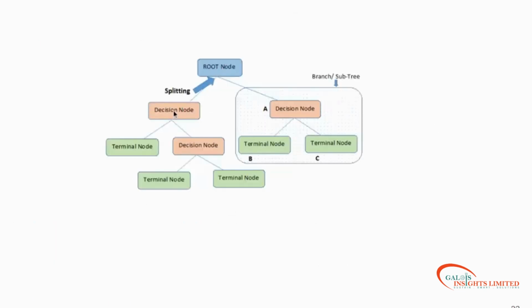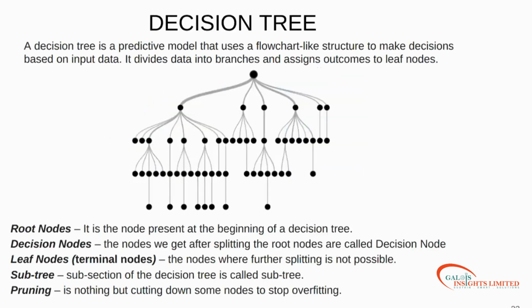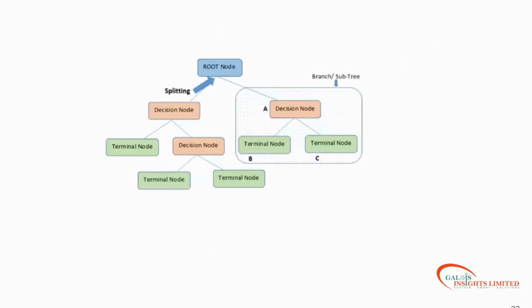This is a decision node, and this is a decision node. And the leaf node, or terminal node, is a particular node that when you get to it, you can't split the data set further. So it's the last node in the splitting process.